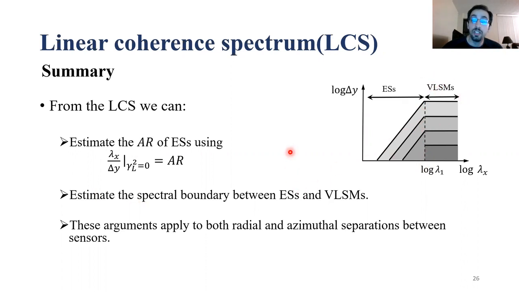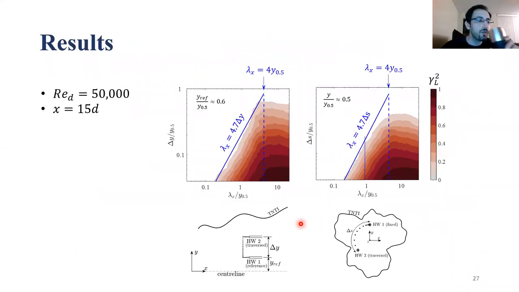And these arguments that I presented so far were proposed for the radial distance between the sensors, but they apply to azimuthal separations between the sensors too. So with that, I can present some experimental results.